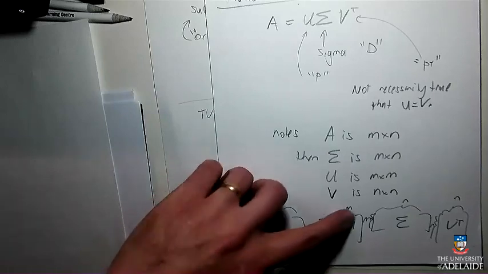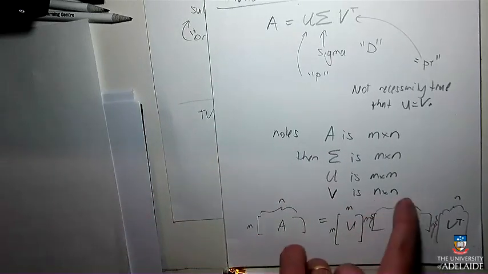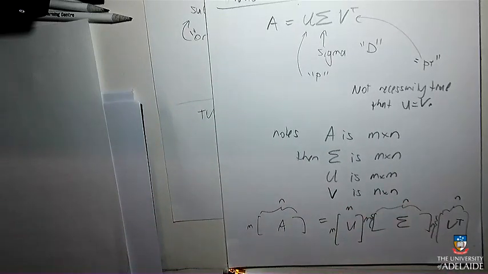So this m here has to match with that m there, and this n here has to match with that n there. So U and V are not necessarily the same matrix, they're not even necessarily the same size. They might be different sized matrices. Okay.